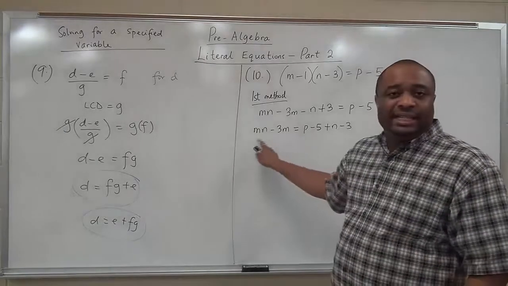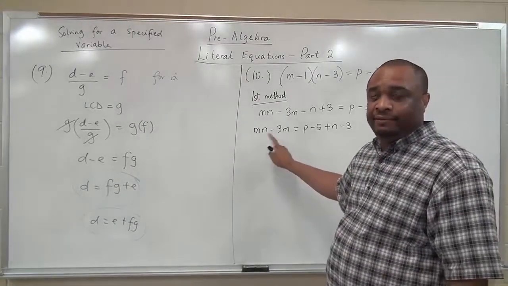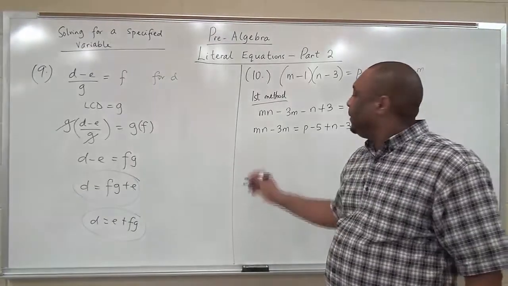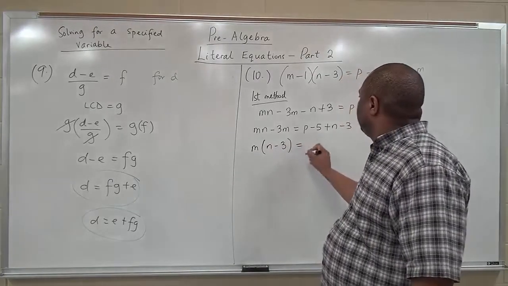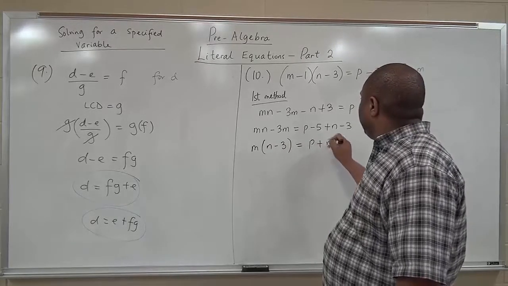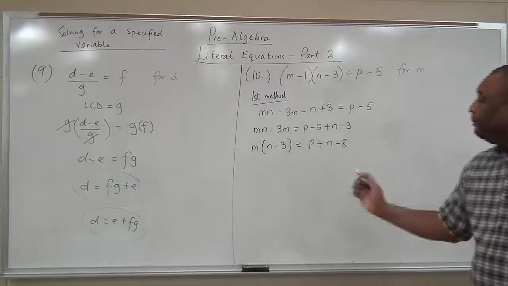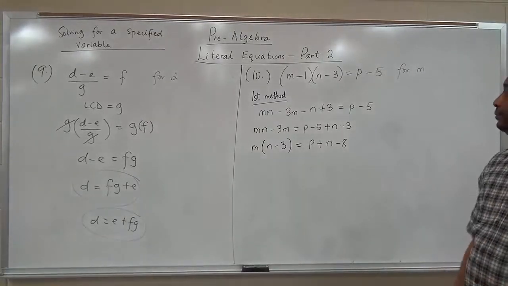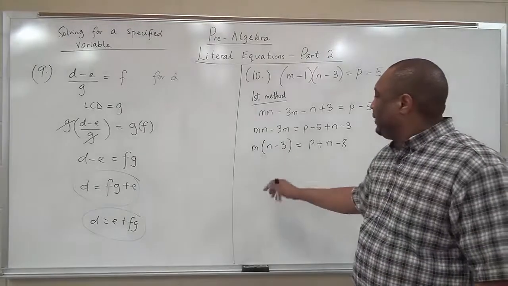So factor the left-hand side by GCF. The GCF is m. m times n minus 3 equal to p plus n minus 5 minus 3 is minus 8. P plus n minus 8. So we now divide both sides by n minus 3.